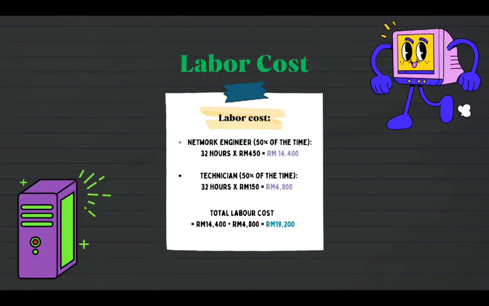And last but not least, for the labor cost, for network engineer, 15% of the time, so 32 hours multiply 415 ringgit, we got 14,400 ringgit.